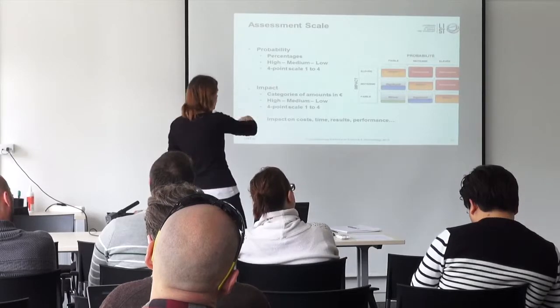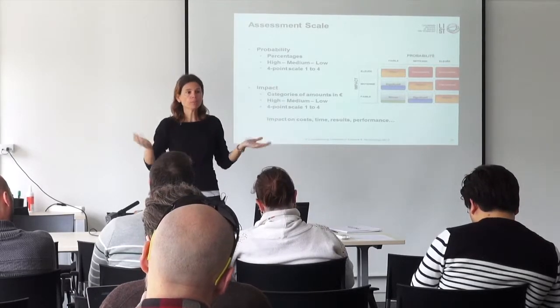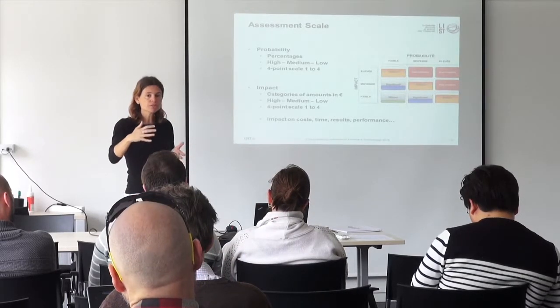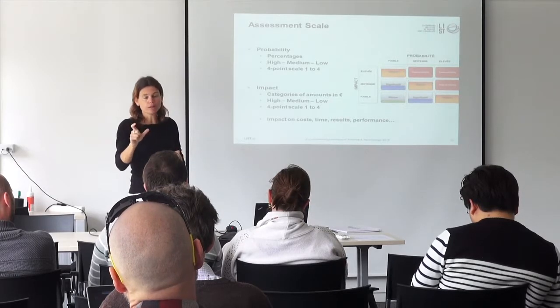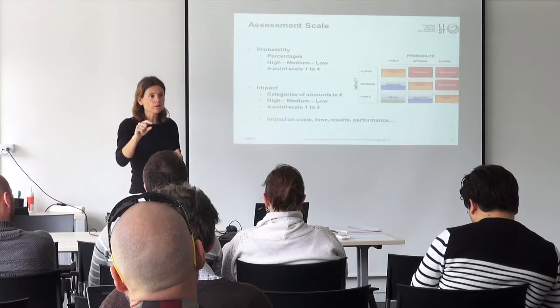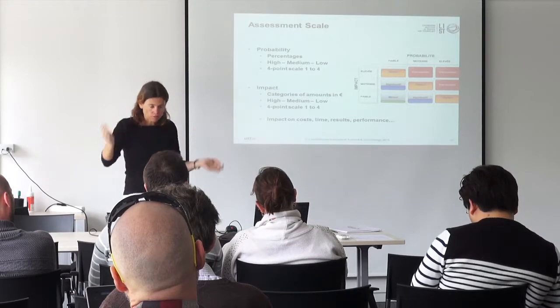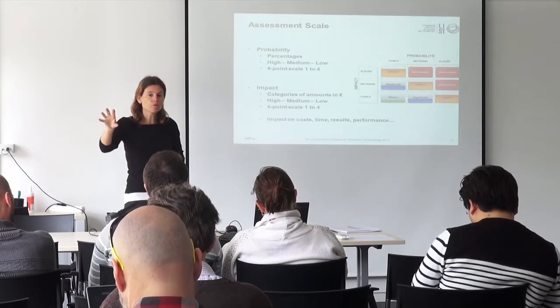So my 1 to 4 scale is just a question of, among my projects, I have identified 25 risks. Among these 25 risks, that one has a huge impact, the only one that has the biggest impact out of all the risks of the project. So that one will be 4.